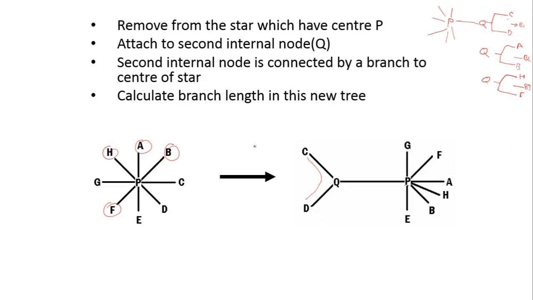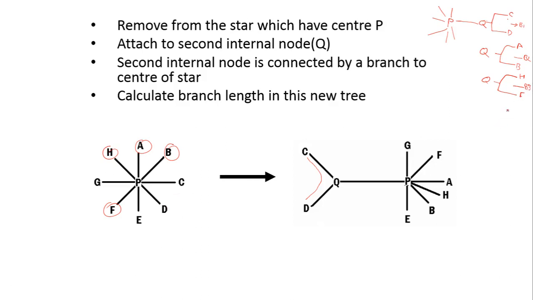So in this way what you do is randomly select any two sequences, take them out and attach them to this second internal node Q, and calculate the branch length. In this way you would do the same until all of the sequences have been considered and all of the branch lengths have been calculated.